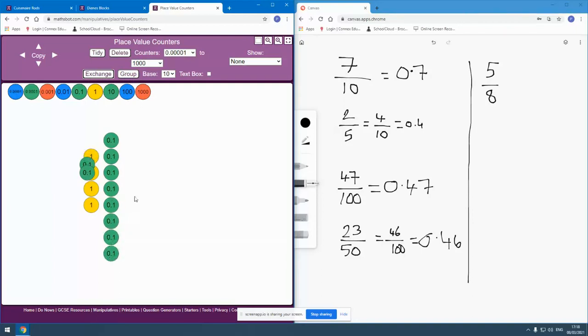So there's 8 equal shares, 1, 2, 3, 4, 5, 6, 7, 8, and I can start doing that with the next one, and then I can exchange these, and again carry on creating my 8 equal shares, and I'm going to do that for all of these.